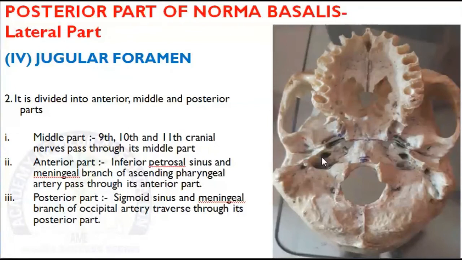Through the posterior part pass the sigmoid sinus and the meningeal branch of the occipital artery. So anteriorly and posteriorly vessels pass, and through the middle part nerves pass: the 9th, 10th and 11th cranial nerves.